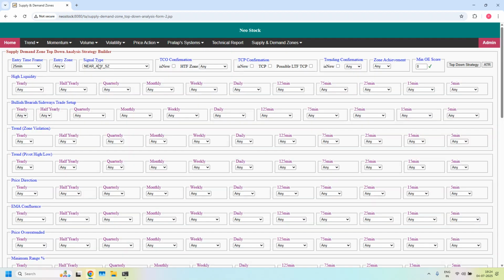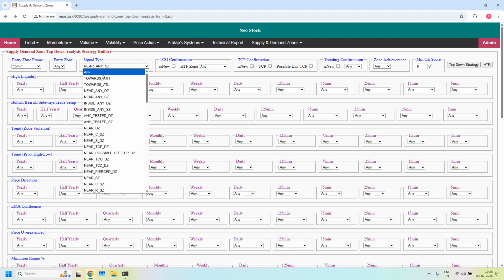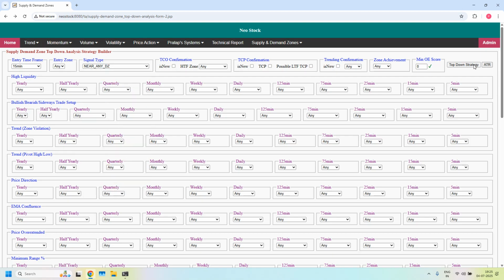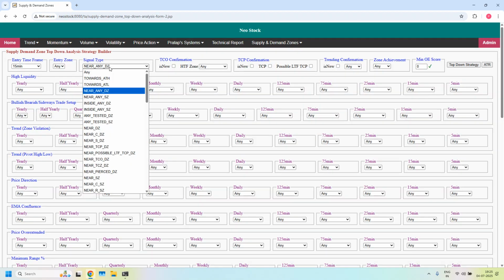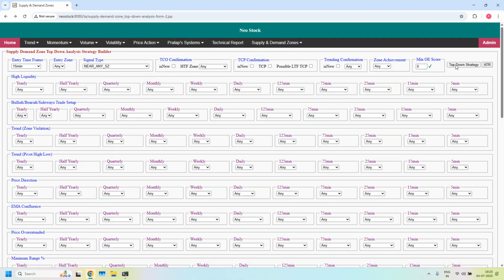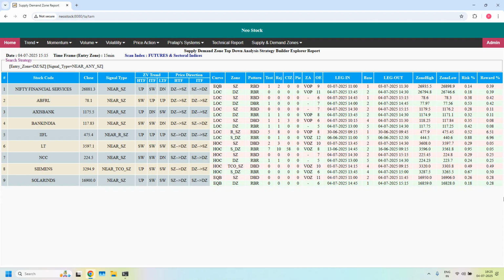Next time frame is 15 minutes. Stocks near to the 15 minutes demand zone, we got 8 stocks. Okay, next, stocks near to the 15 minutes supply zone, we got 9 stocks.